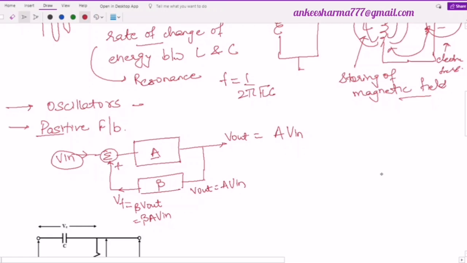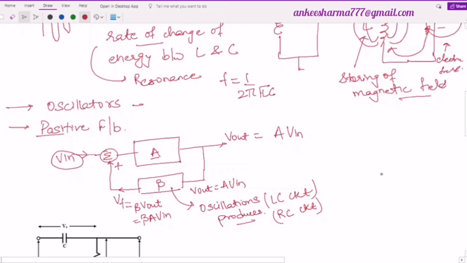Now look at my previous circuit, this beta circuit. If this beta circuit is my oscillator circuit producing oscillations, which may be, for example, a tank circuit, LC circuit, or an RC circuit, then after some time the oscillations produced by this will be damped, meaning they all diminish to zero.